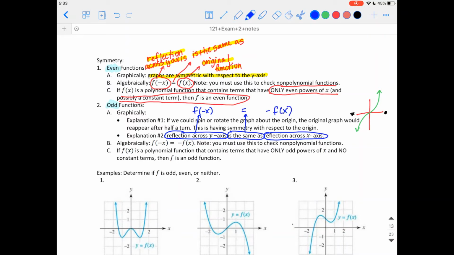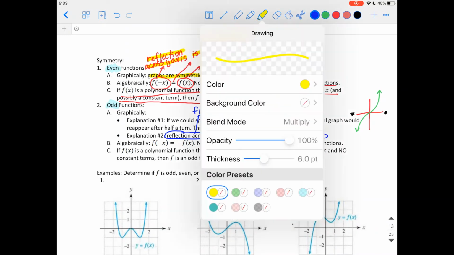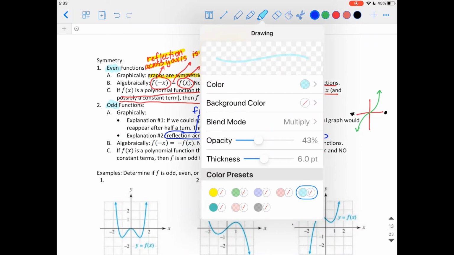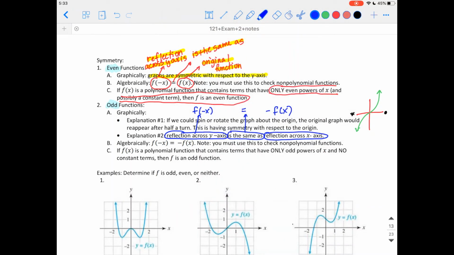Again, this is from our transformation notes. Part B says algebraically f of negative x is equal to negative f of x. Well, wow, that's exactly what we just wrote down. Let me highlight it a different color. f of negative x is this one, and negative f of x is this one.